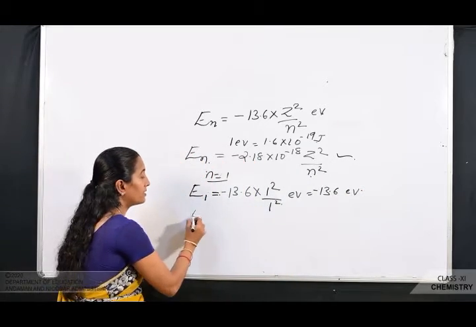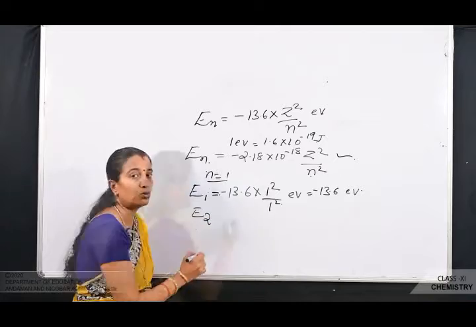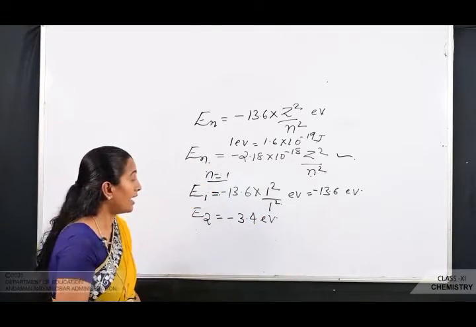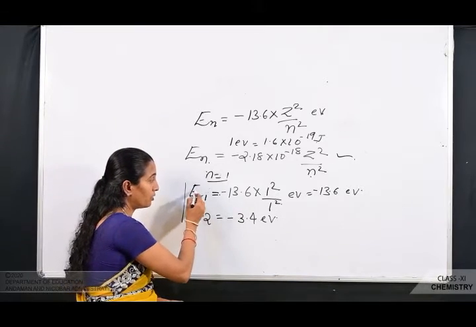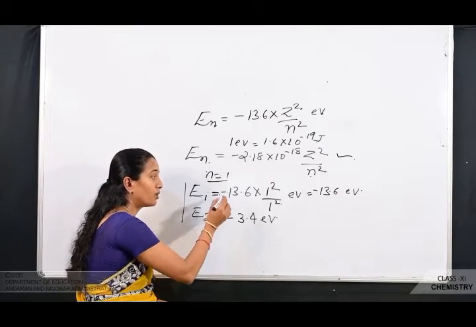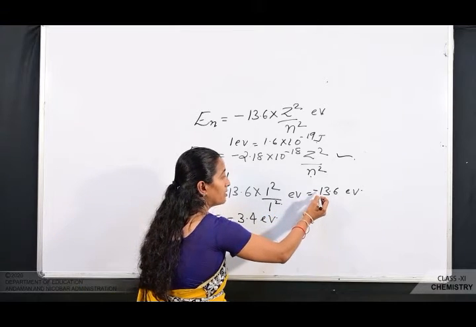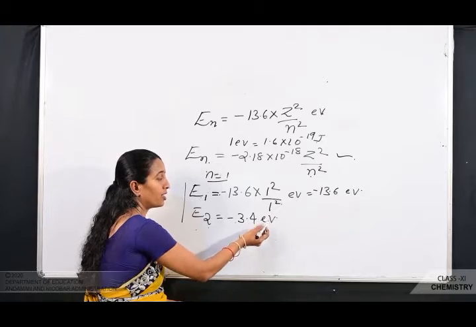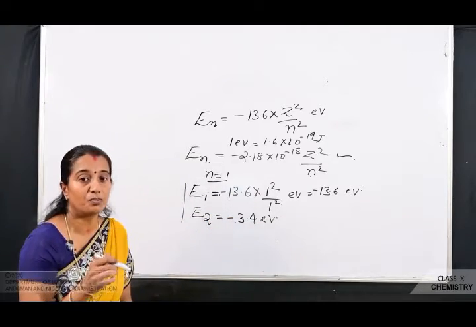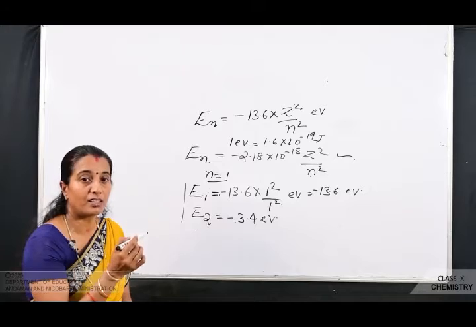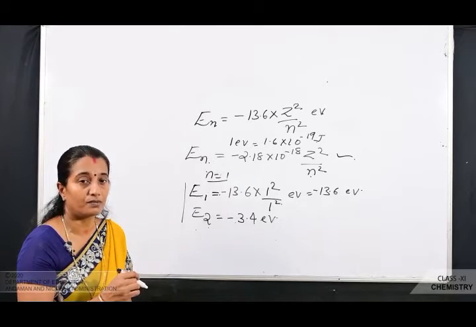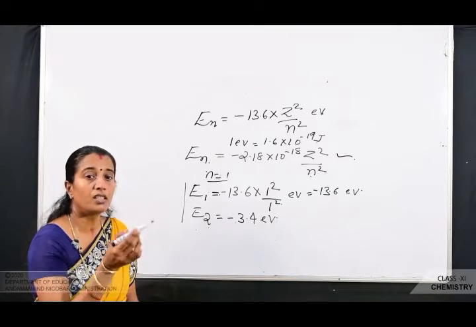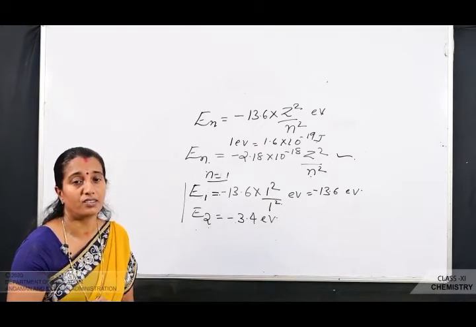In the same way, if you calculate E2, it is minus 3.4 electron volt. When we move from E1 to E2, what is happening? The value was minus 13.6 electron volt, and now it is minus 3.4 electron volt. The energy is increasing, because the negative value is increasing. That means when we move from the first energy level to the next energy level, the energy increases.